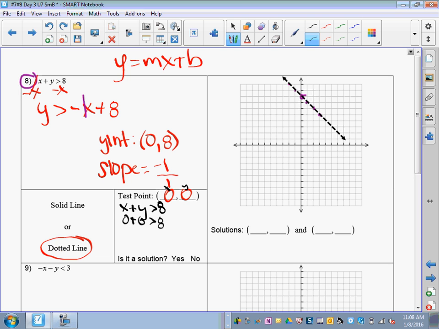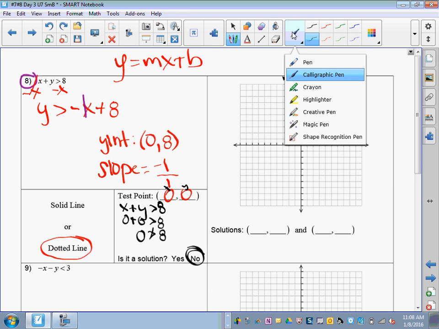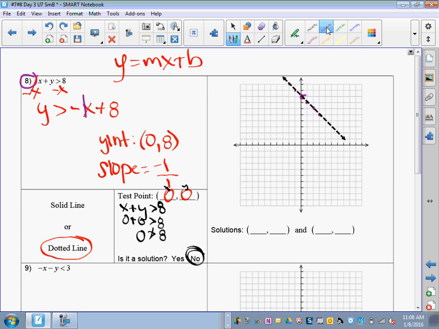What's 0 plus 0? Is 0 greater than 8? 0 is not greater than 8, so it's not a solution. So again, 0, 0 is not a solution. So we shade the other side of my graph.